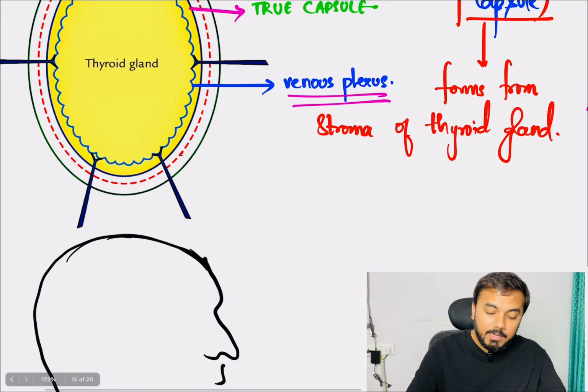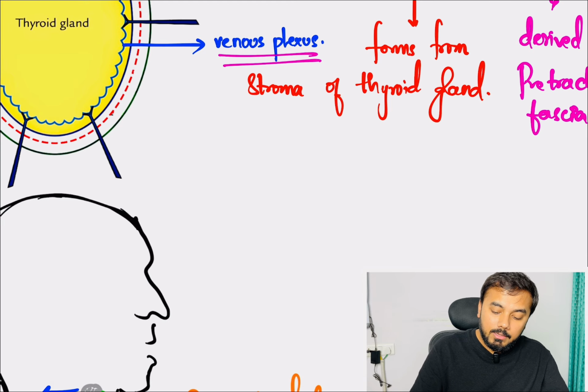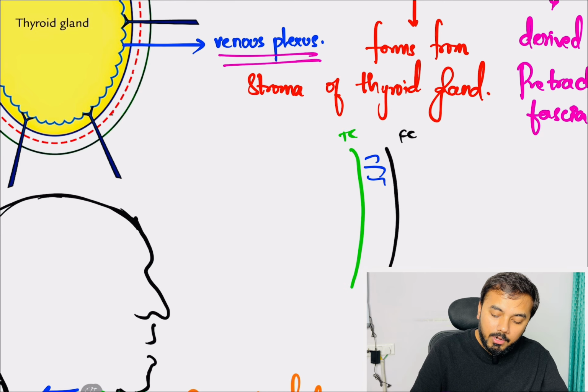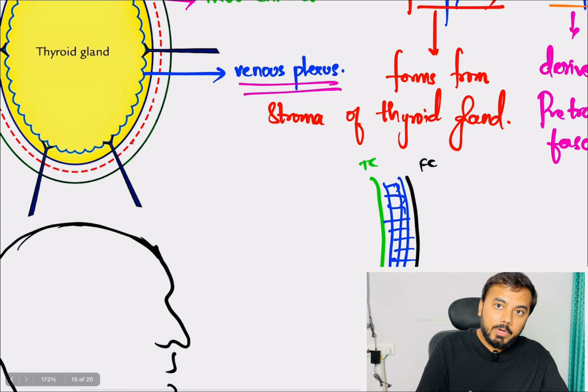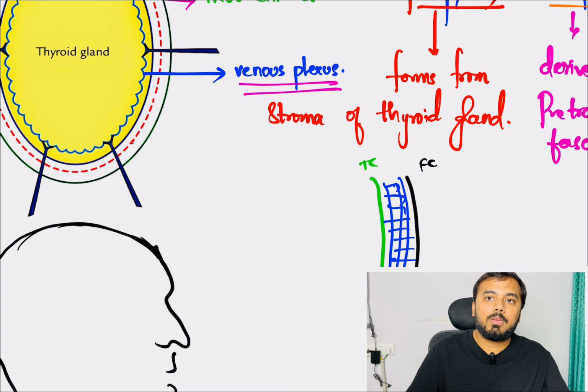But when it comes to the prostate gland, what will happen? See, outside you have got the false capsule, inside you have got the true capsule, and in between what do you have? You have got a plexus. Okay, in the thyroid, the plexus is located beneath the true capsule, but here it is located in between.